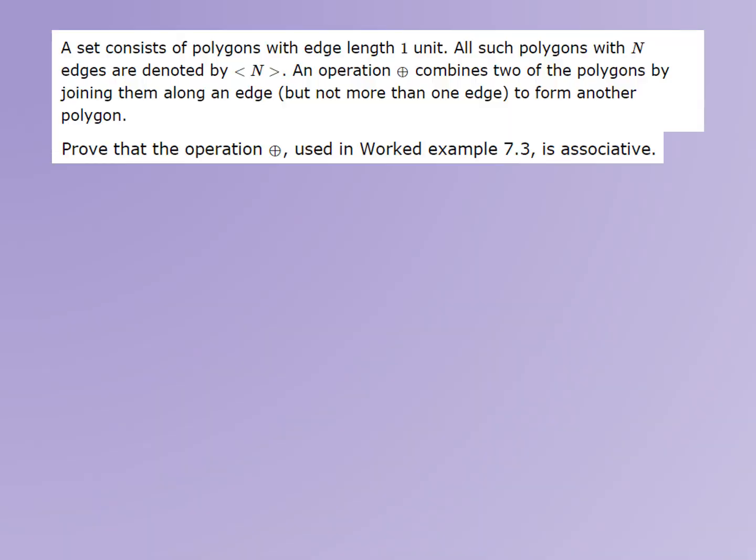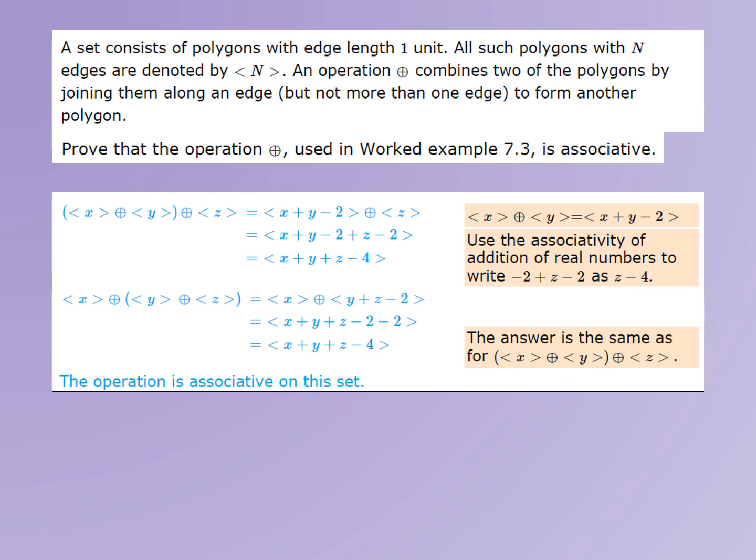I'm now going to return to the set we looked at earlier of polygons with edge length unit 1, and we're going to prove that the operation of combining 2 polygons together along an edge is associative. So the proof is as follows. If we were to first of all do x operation y, this would leave us with x plus y minus 2, operation with z.